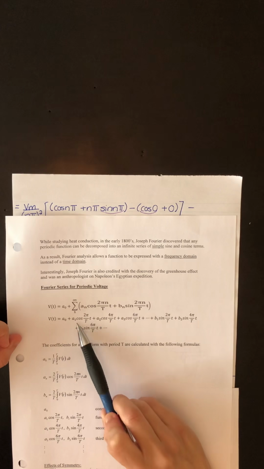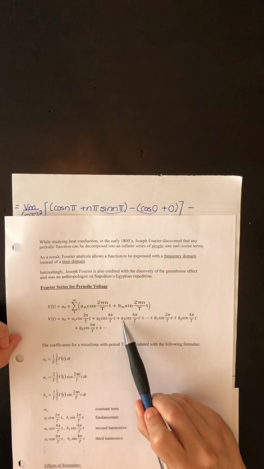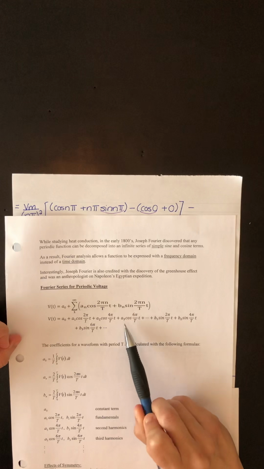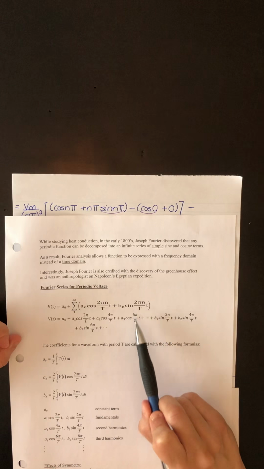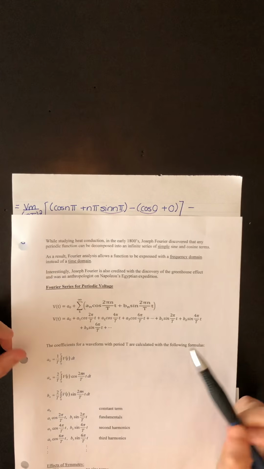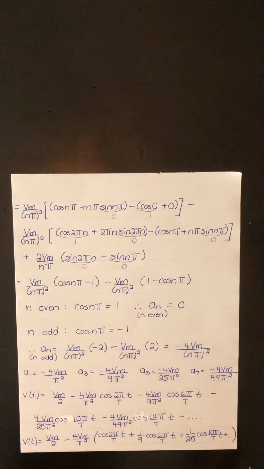Okay, so when we do A1, the angle will be 2 pi over capital T times little t. When we do A3, 6 pi over capital T times little t. When we do A5, then it will be 10 pi over capital T times little t, and so on. So here is the result.